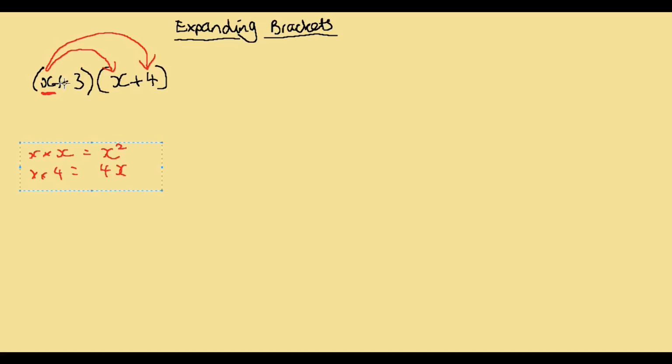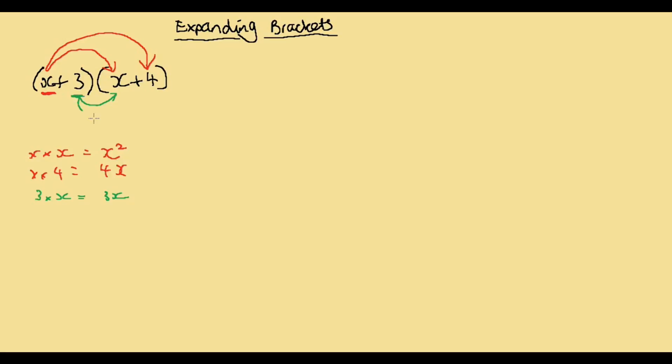Well, we've done the first term in this one, and now we need to go to the second one. If I use a green, there we go, there's a 3, and we're going to times that also by everything in the second bracket. So that's 3 times by x, which is 3x.